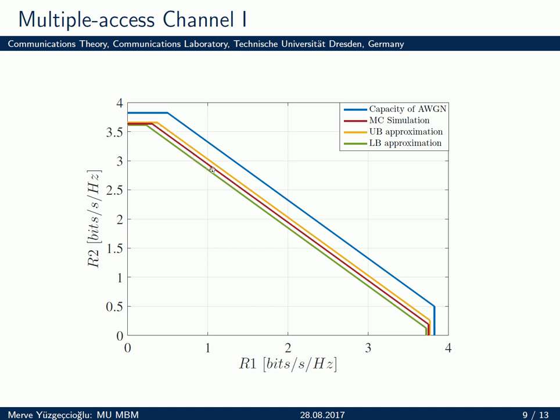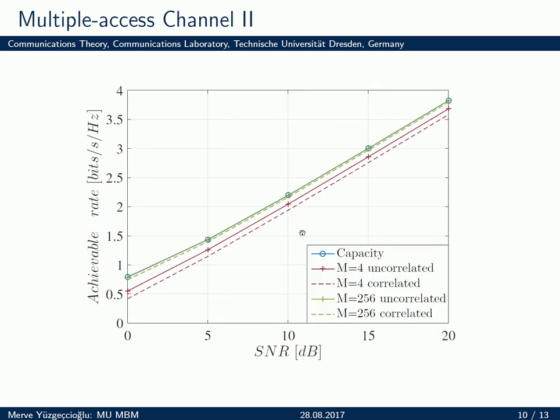And here the green and yellow lines are the lower and upper bound from the approximation. As we can see here, the approximation is pretty tight, and also the difference between the capacity of AWGN and the media-based modulation scheme is pretty small.